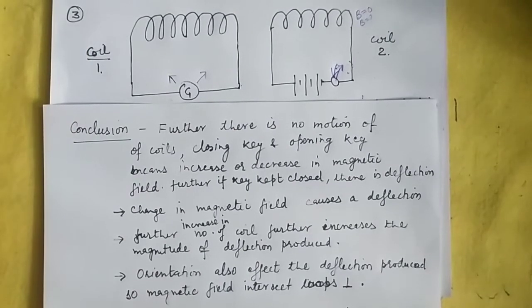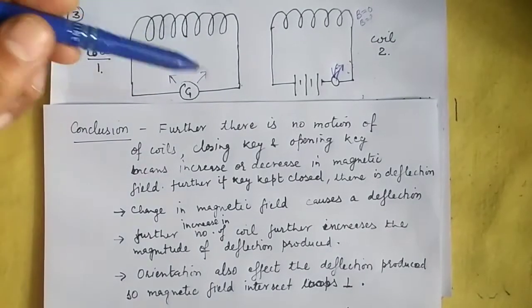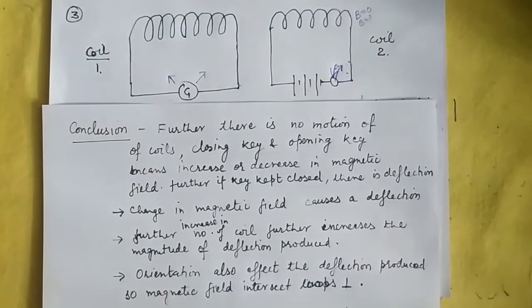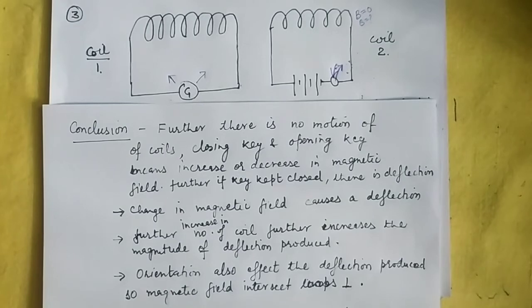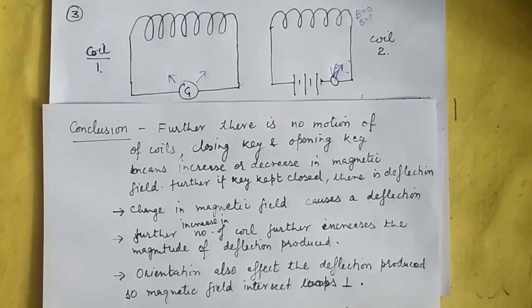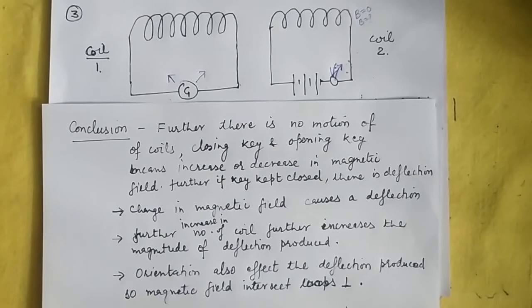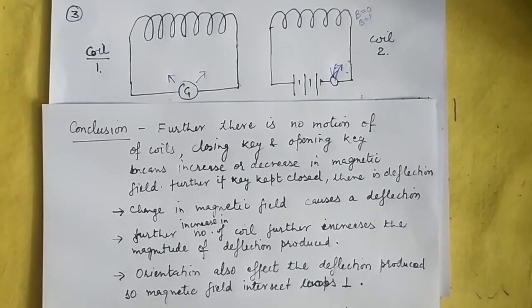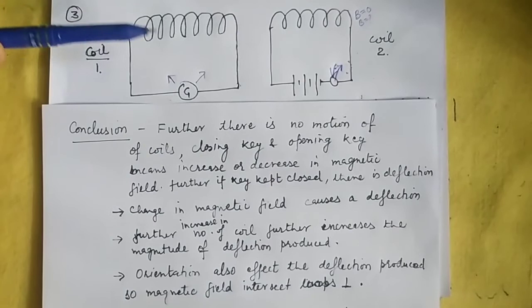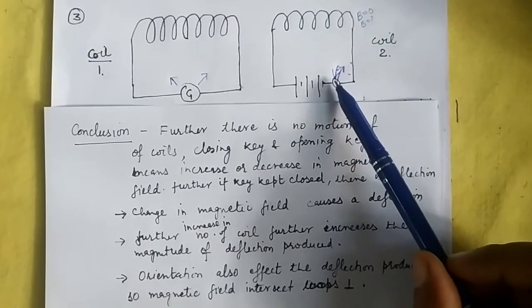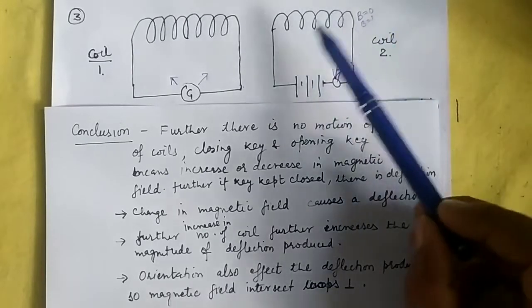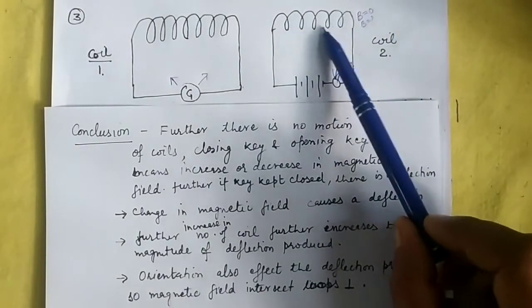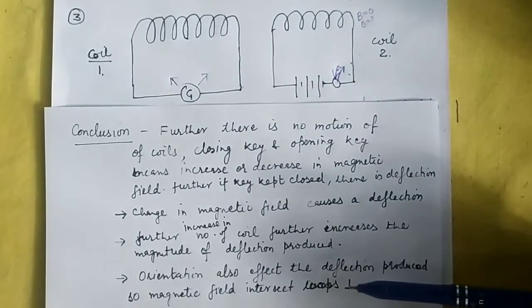But in this experiment, we are not moving the second coil, even then there is a deflection in the galvanometer. Here we have only closed the key and opened the key. So this closing and opening produces a deflection in the galvanometer. When the key is open, the magnetic field produced by this coil is equal to 0.